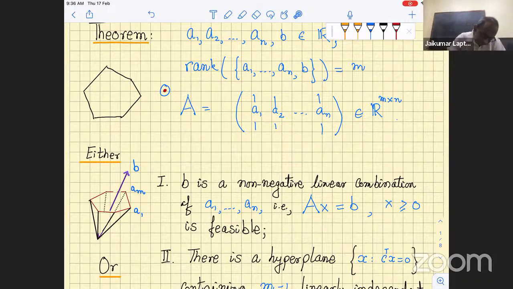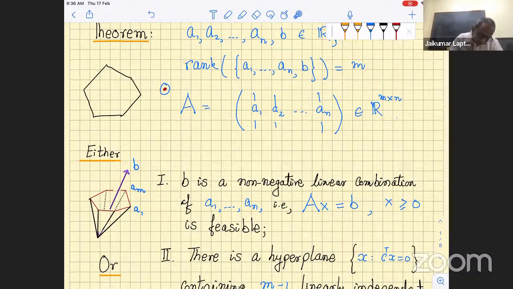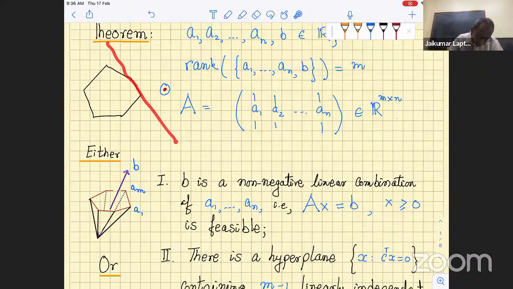Now here, this looks like a line which is not passing through the origin, but the way you should think about it is that this line, together with the origin, which is outside, you connect this line with that origin, that will form a plane. And that plane has this cone, because this polygon has turned into a cone on one side and this point on the other side, and the cone is resting on this.